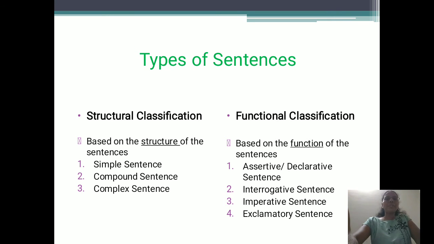Next is imperative sentence. Imperative sentences are used to issue orders, commands, or requests. And the fourth type of sentence is exclamatory sentence. If we want to express our sorrow, joy, happiness, or sadness, we use exclamatory sentence.